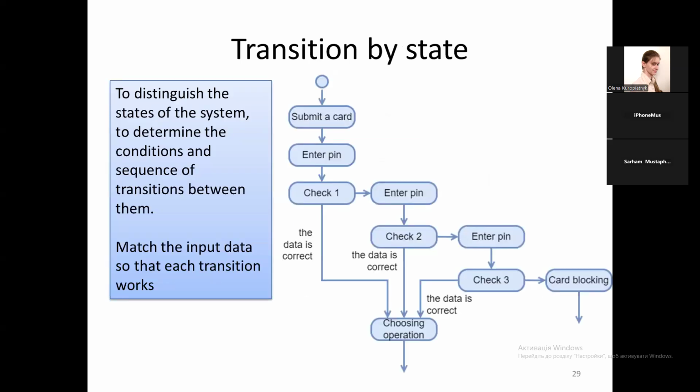From time to time, this method is called transition by state. In this method, we distinguish the states of the system, determine the conditions and sequence of transitions between them, and match the input data so that the transitions work, and that's all the instruction for this method.